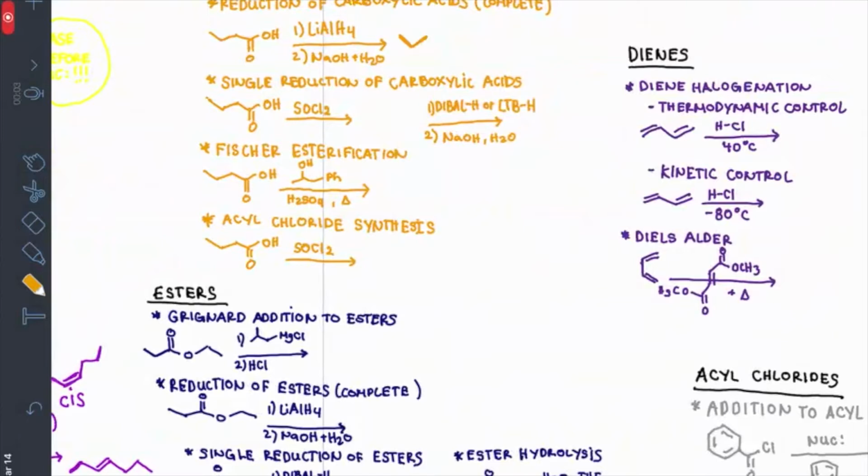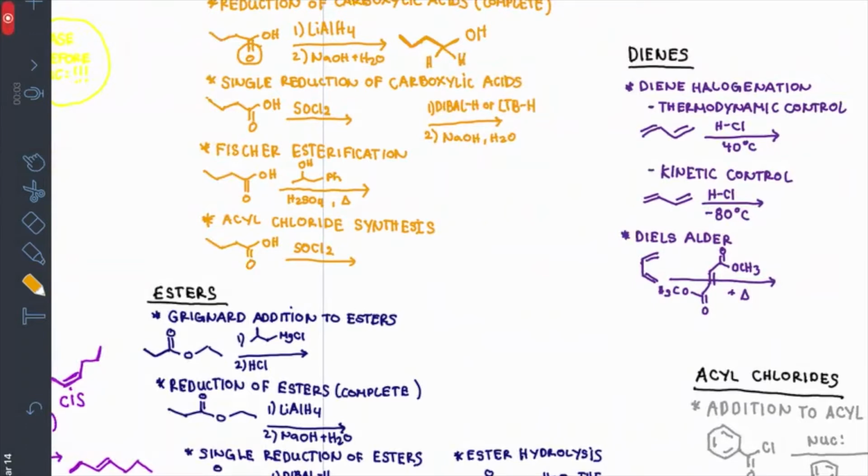And so in this case, with lithium aluminum hydride, you're going to turn this carboxylic acid into a primary alcohol, okay? And so the main thing here, remember, is that you're taking this carbonyl and you're essentially adding two hydrogens to it.